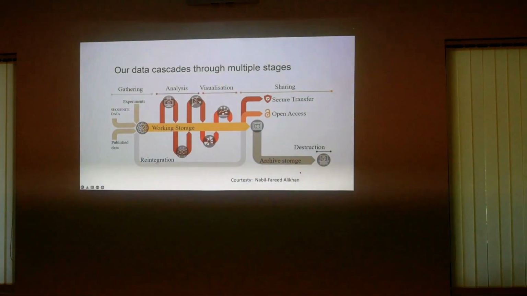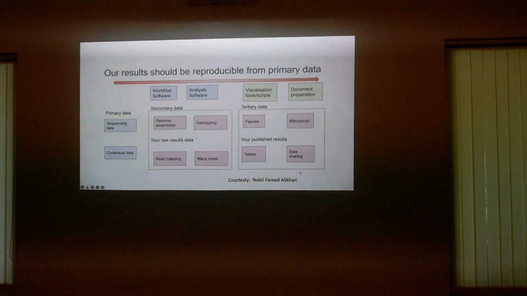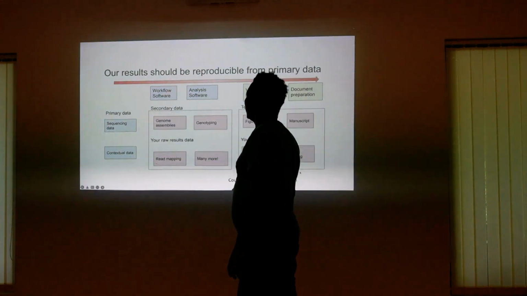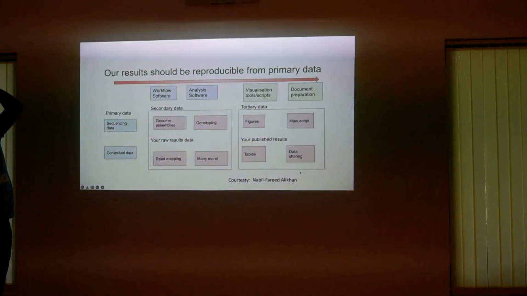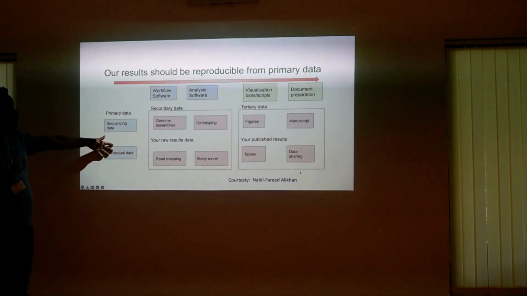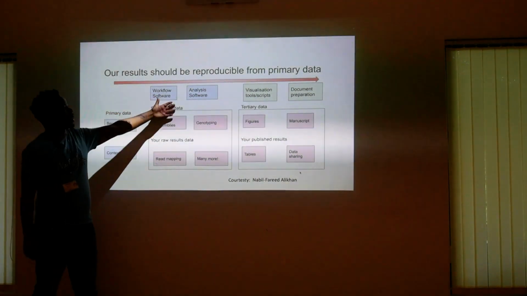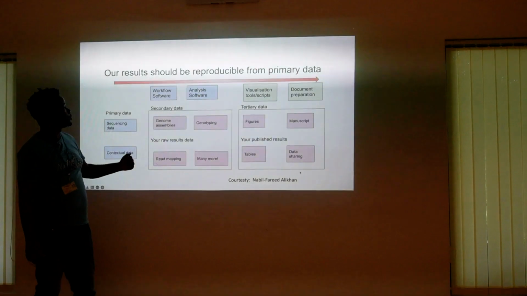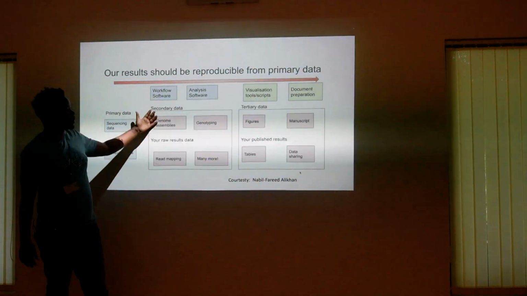And what Farid does is again show this plot here. You know that our results should be reproducible from primary data. Okay, so here you're feeding in your primary data, contextual data. You've got to think about the workflow and software, your analysis software here. And you've got all these secondary data, your raw results.